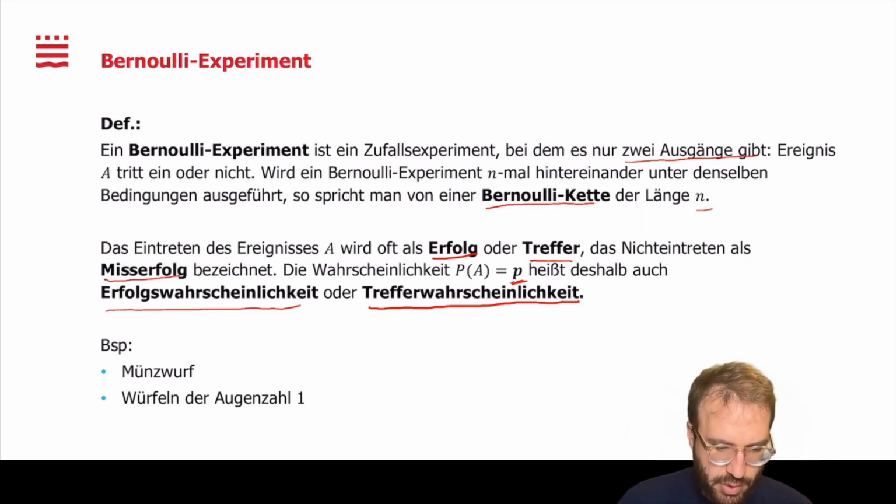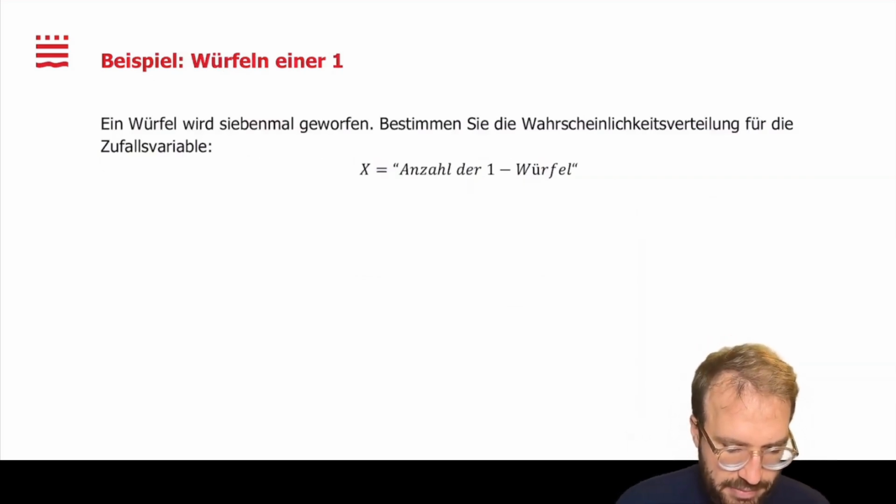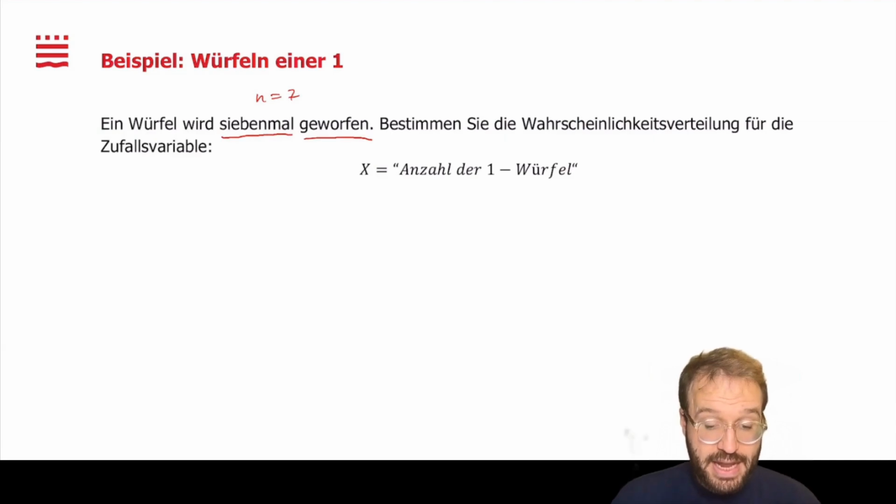Let's take this example and assume we have a die and we roll it 7 times in a row. So our n is 7. And our random variable is then how often event A occurs, or rather, how often do we roll a 1 when we roll 7 times?